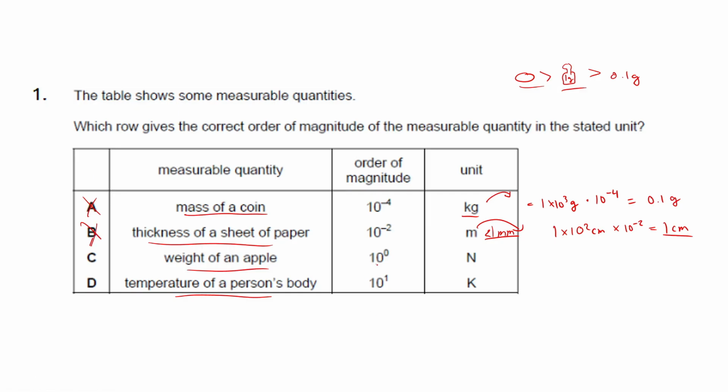The weight of an apple, 10 to the 0 newtons. So we know that newtons is F equals MA. Our 10 to the 0 newtons is equal to m kg times 9.81, because it's asking for the weight, right?